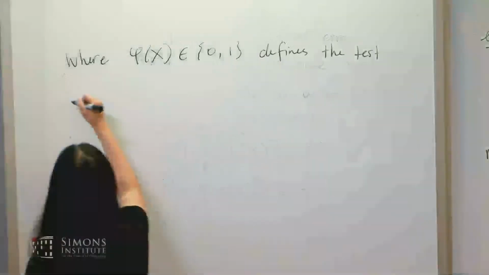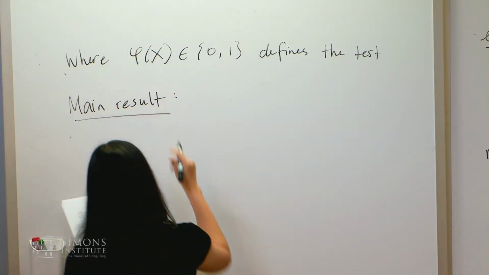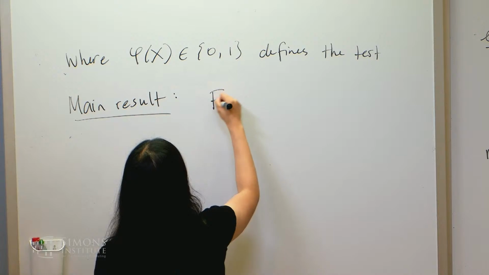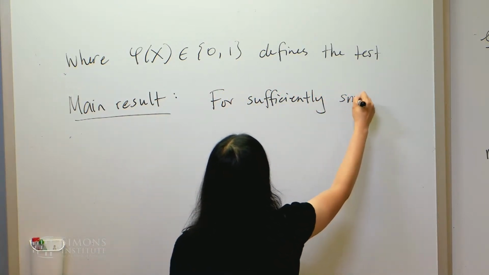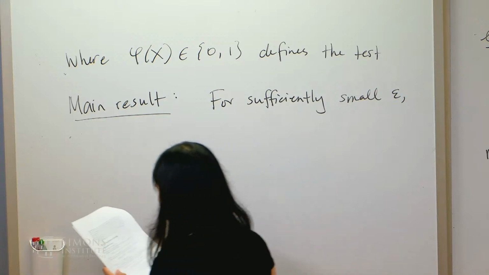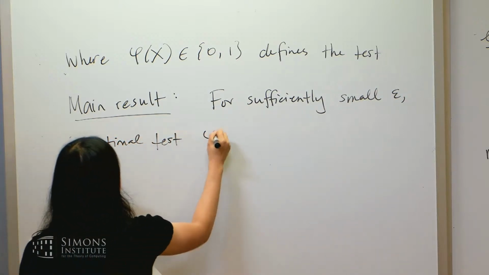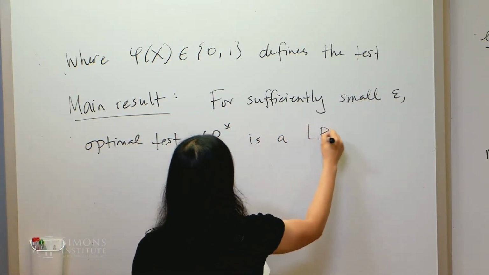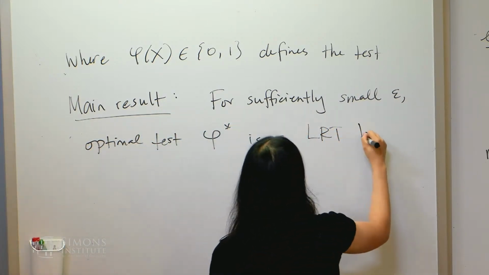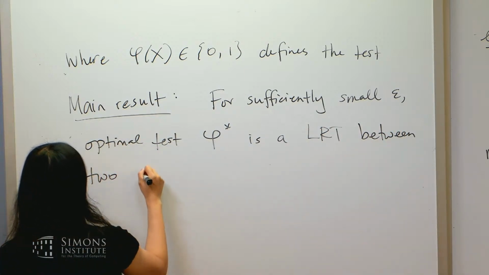And the main result is that for sufficiently small epsilon, the optimal test phi star is a likelihood ratio test between two least favorable distributions.